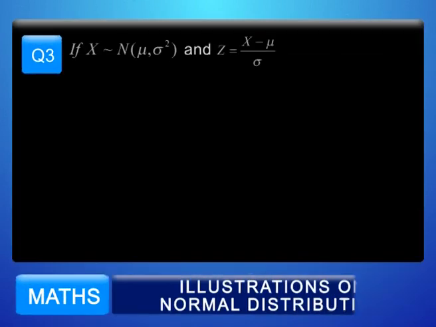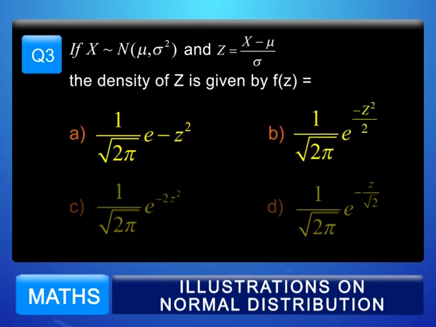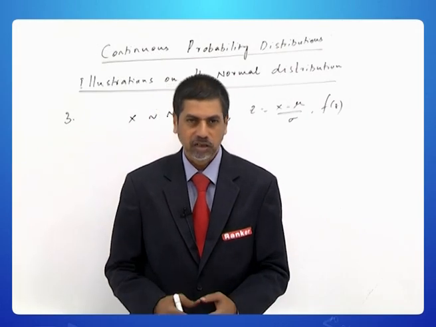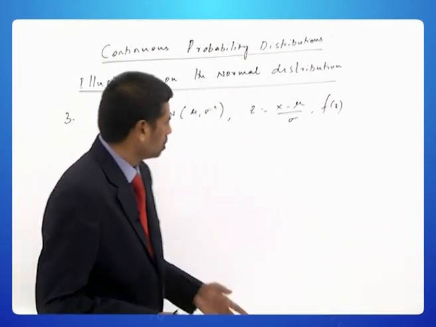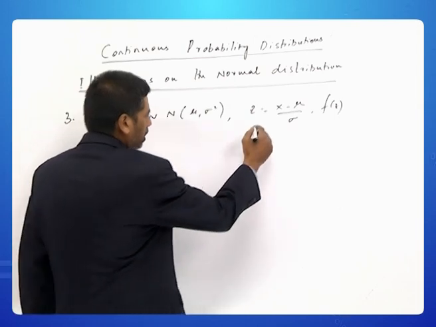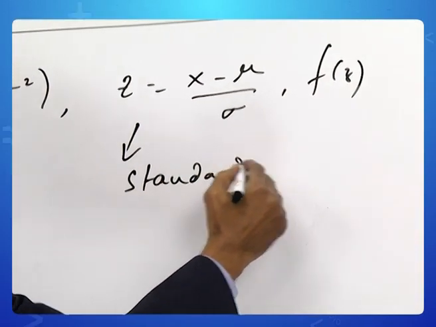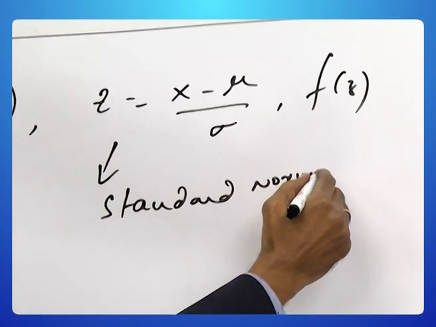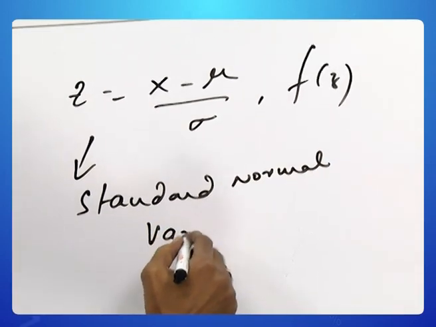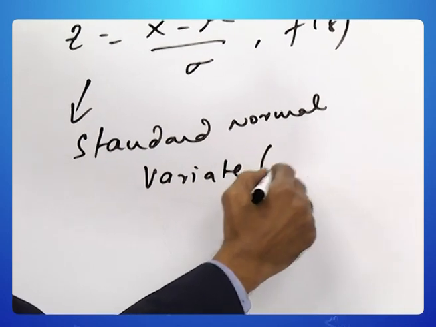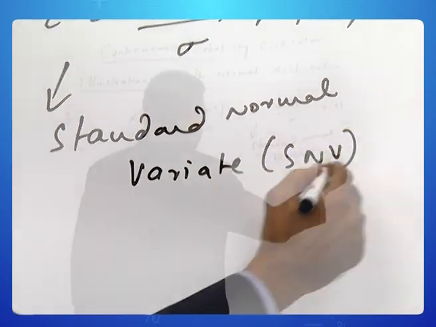Question number 3. If x is normally distributed with mean mu and variance sigma squared, and we introduce z is equal to x minus mean by standard deviation, what is the density function of z? In fact, this was just discussed in the review. Z is called the standard normal variate. We just call it SNV.